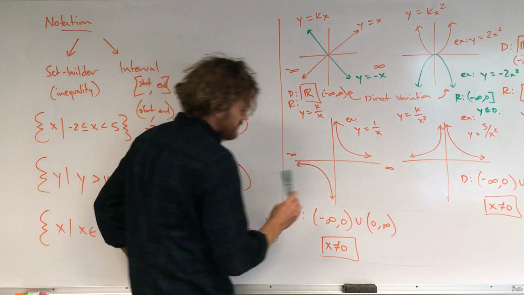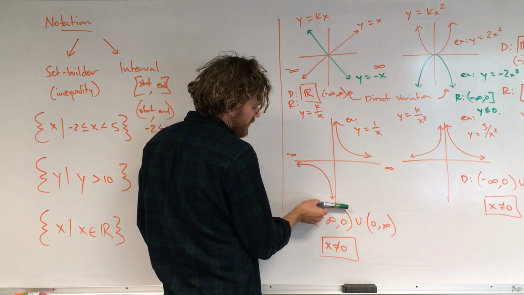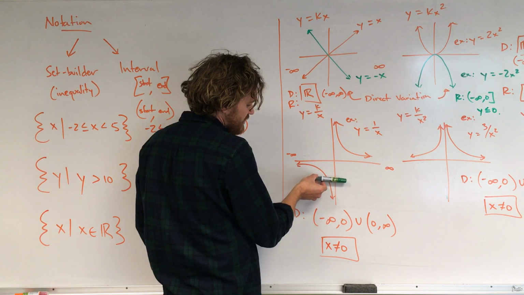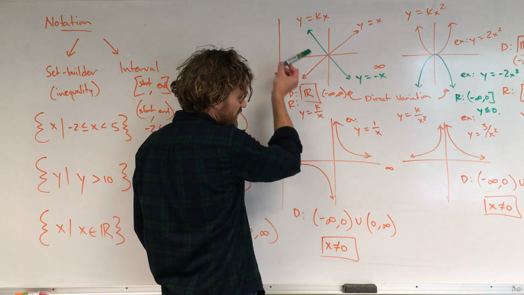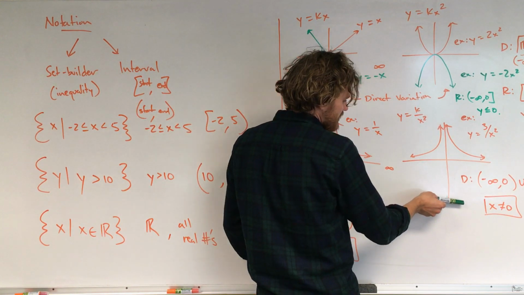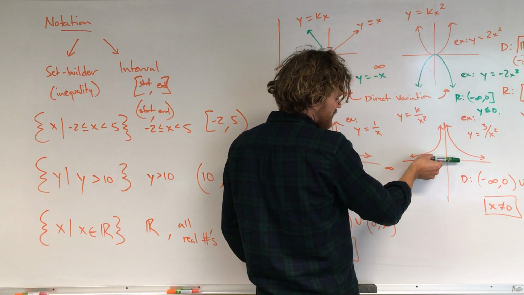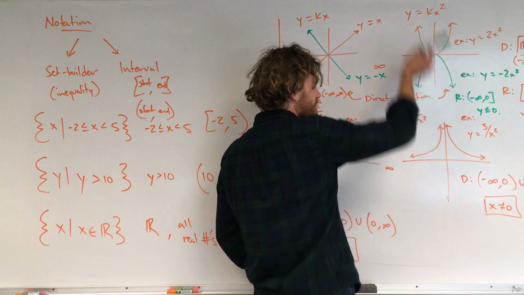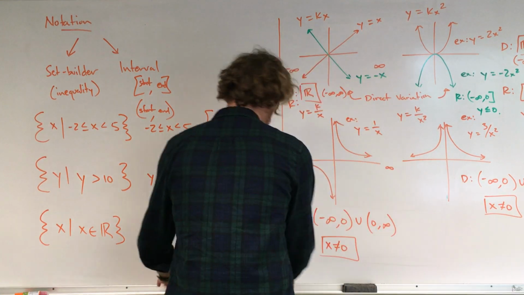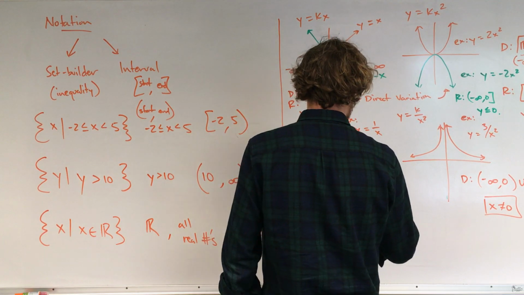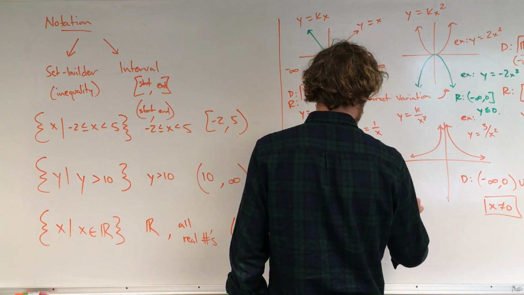Now for these graphs, we start at the bottom. It looks like it goes all the way down to negative infinity. It exists, it exists, it exists. It does not exist at 0. Then it exists again after 0. Here it does not exist until we get to 0, and then it exists after 0. Right? There's no function down here. So for this one, our range would be y does not equal 0.